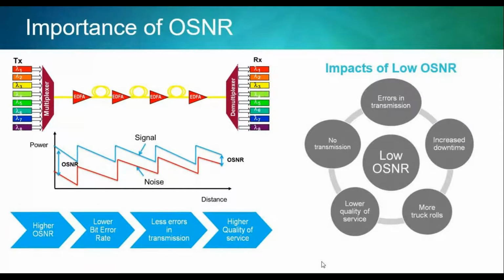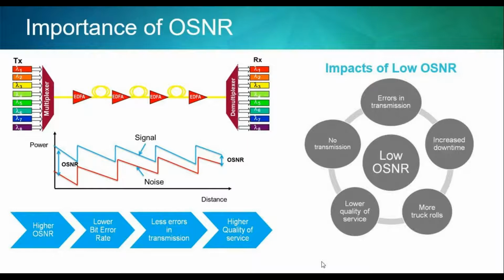As you go through each amplifier, you're amplifying the transmission signal, but you're also amplifying the noise. On top of that, each of those EDFA blocks will introduce noise into the system. So as you progress along the path of the link, you're impacting the OSNR.